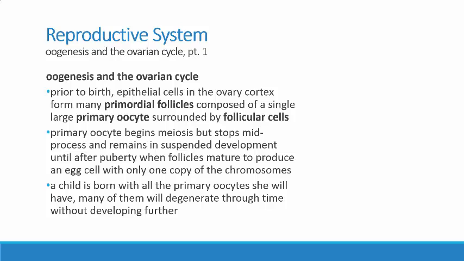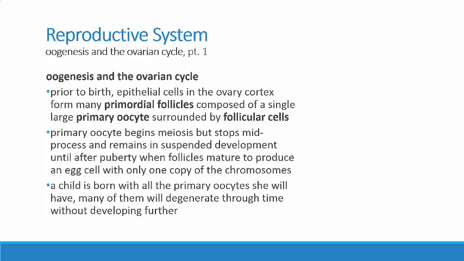Okay, so now we're ready to talk about oogenesis, the process of taking a diploid cell and converting it into a haploid cell that would be a female gamete. So prior to birth, there are epithelial cells found in the cortex of the ovary that form what are called primordial follicles.